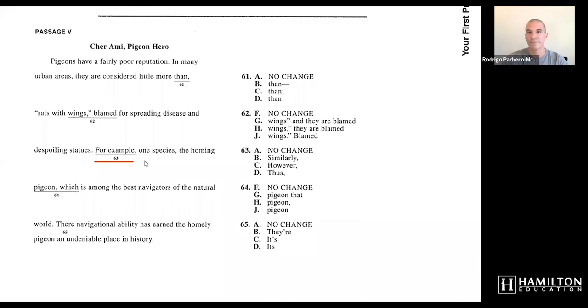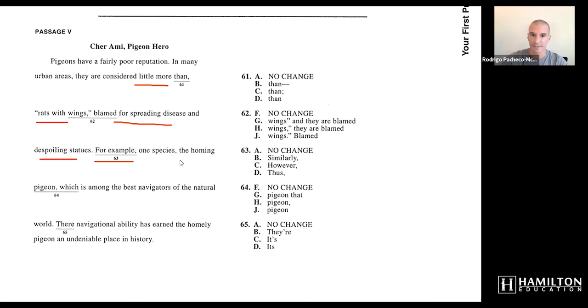So one way to think about this question and the relationship between these two sentences is to think quite generally about whether they are saying good things, positive things, or negative things about pigeons. So if we look at the previous sentence, little more than rats with wings, blamed for spreading disease and despoiling statues, these are pretty negative things to say about pigeons.